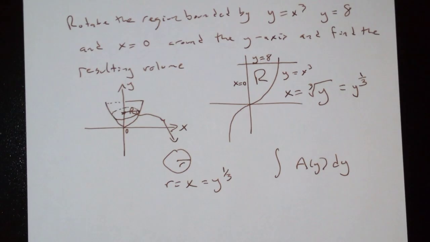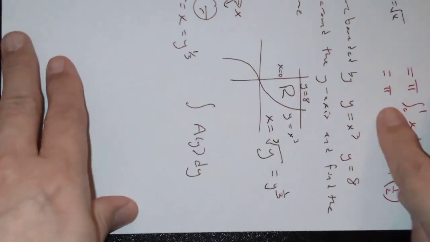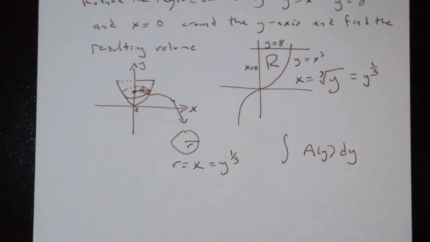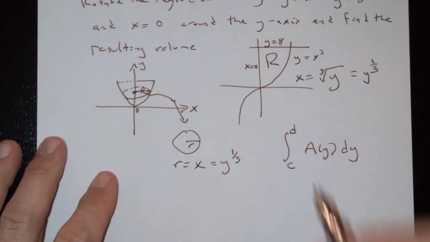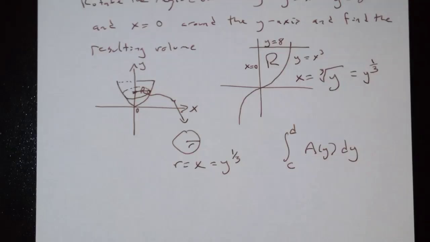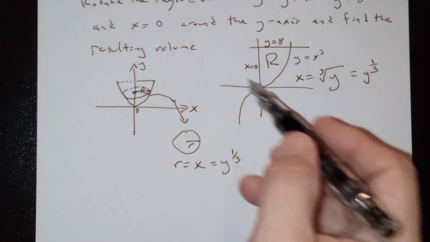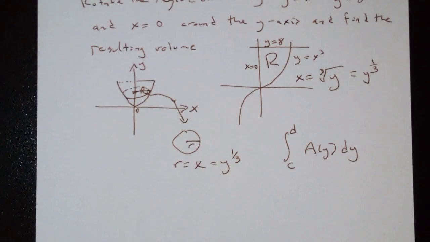By the way, if this bothers you, you are welcome to take the picture and turn it 90 degrees. I just have one other question before I can set up the integral here. I need to know the y values, where we start and where we end. So what is the lowest y value I can use and be part of this region? 0.